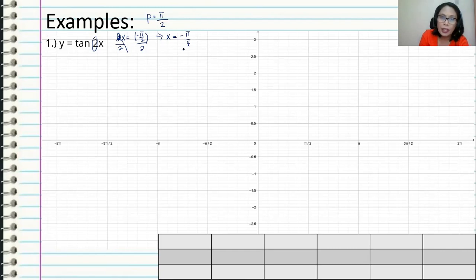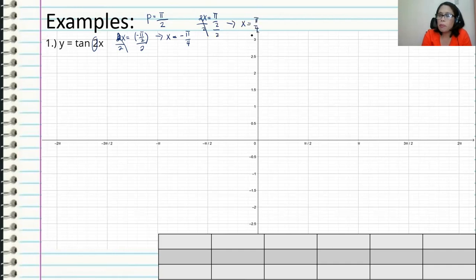With the other vertical asymptote, we have 2x is equal to pi over 2. Okay, we have pi over 2 here. So dividing both sides by 2, we got the other vertical asymptote equal to pi over 4.